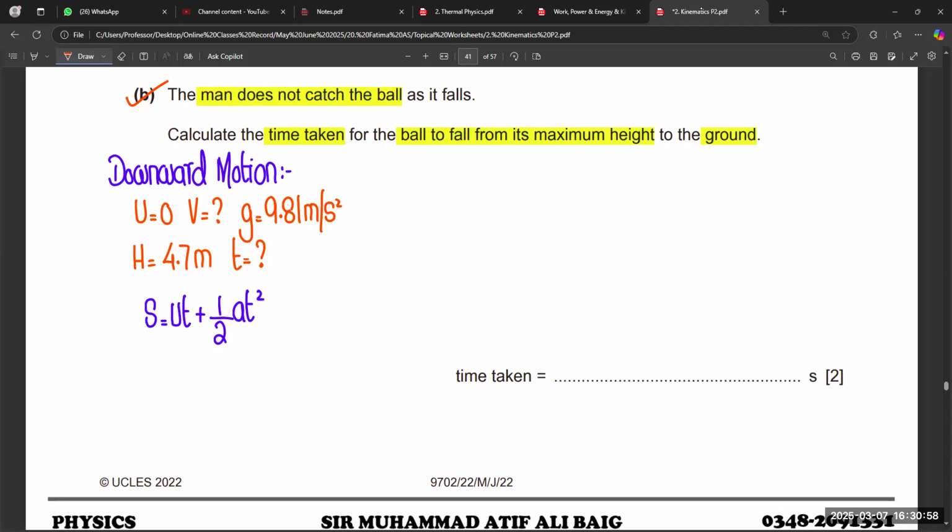So h is equal to 4.7, initial velocity 0, half of 9.81 t square. So 4.7 multiplied by 2 divided by 9.81 is equal to 0.96.